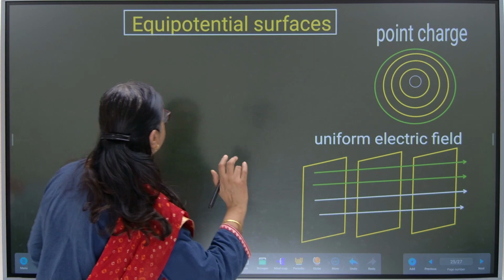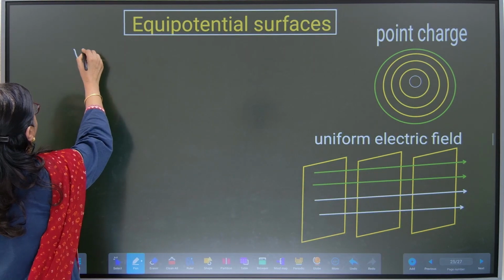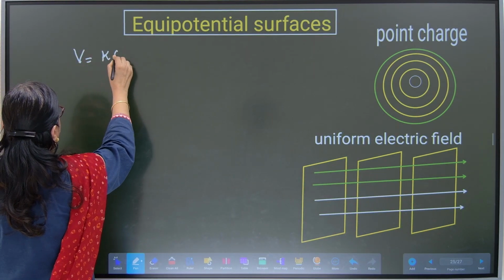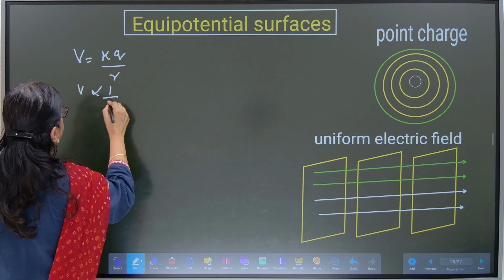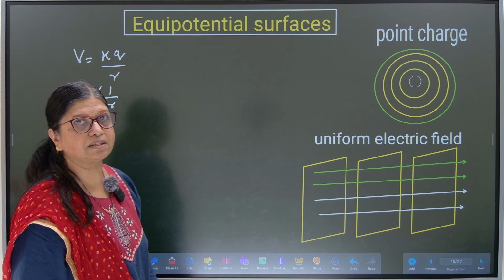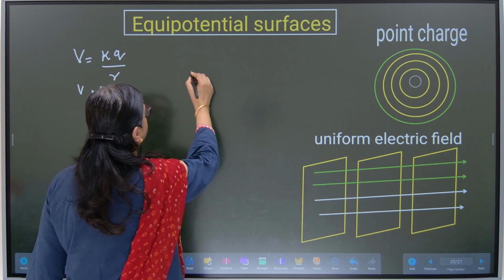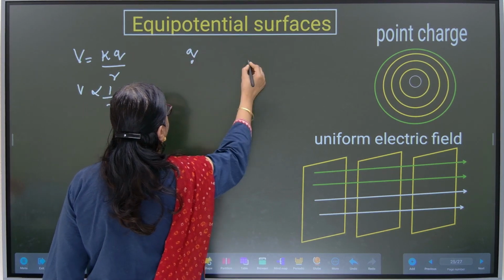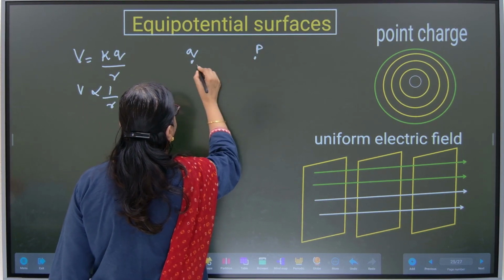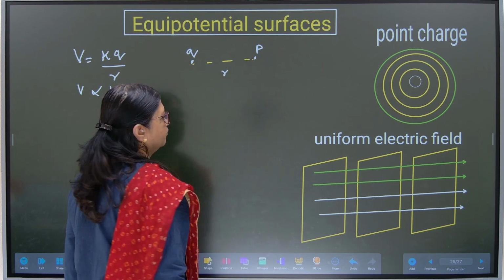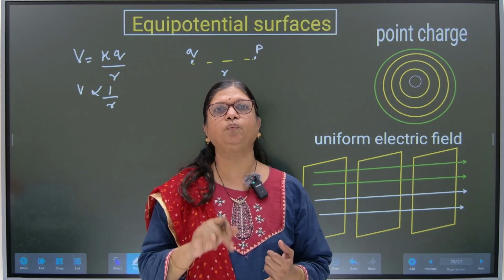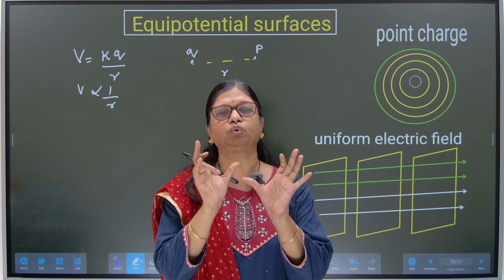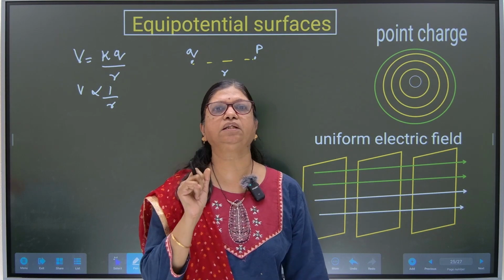So, let us first go to the formula of potential itself, where V is inversely proportional to the distance from the charge to the point. So the potential is inversely proportional to the distance between the charge and the point.